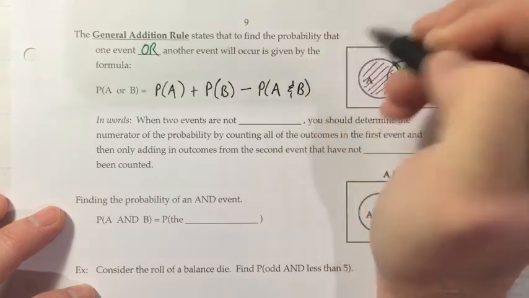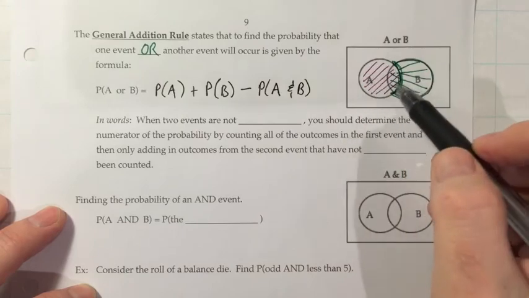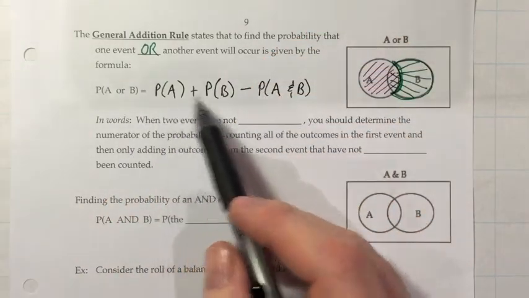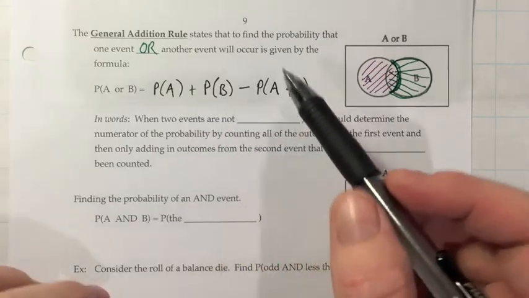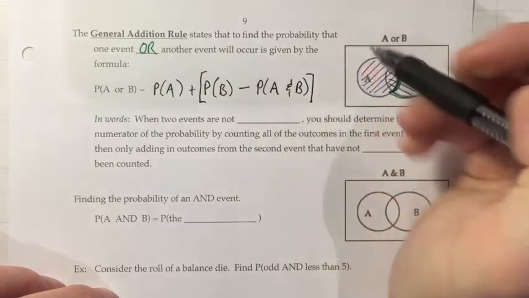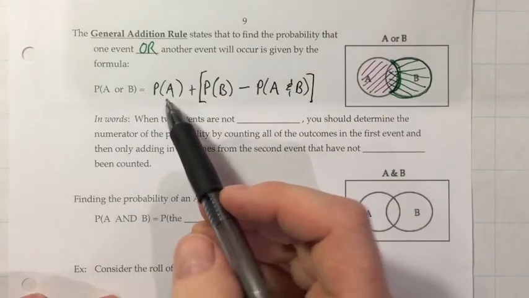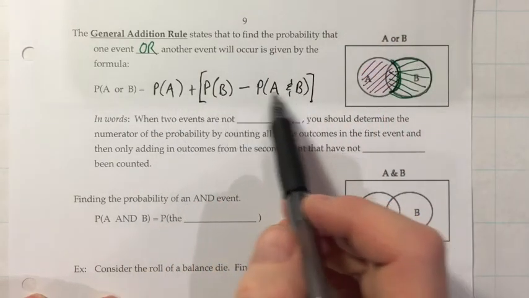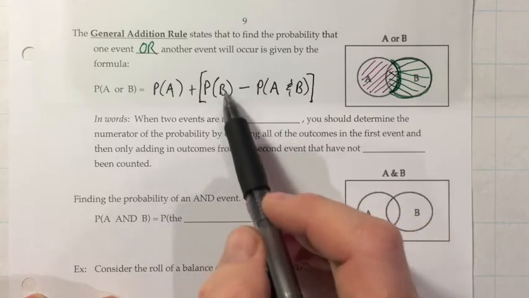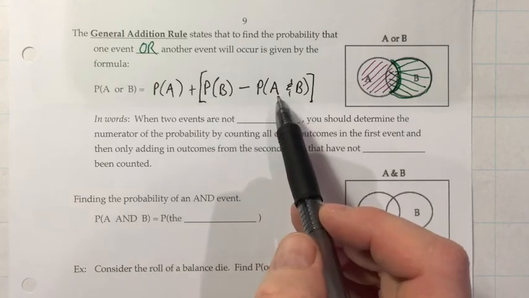Not that you don't want the overlap, but if you count A and B, you count that twice. So this is the way they usually write the rule: count all of A, count all of B, and then subtract the overlap. I like to think of it with parentheses or brackets around this part. Count all of A, but when you count B, don't count the overlap. Subtract, because you already have that part. Only count the part of B that wasn't overlap.